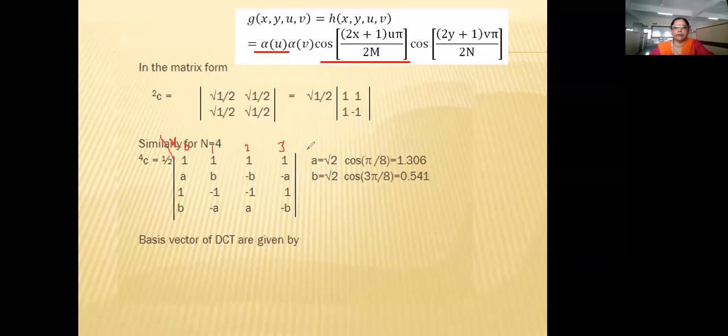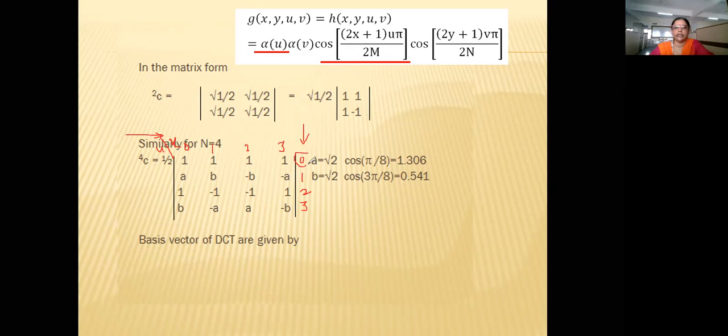And here the u value: u is 0 for the very first row, 1 for the second row, 2 for the third row, and 3 for the last row. So your u is varying in this vertical direction and x is varying in this horizontal direction.